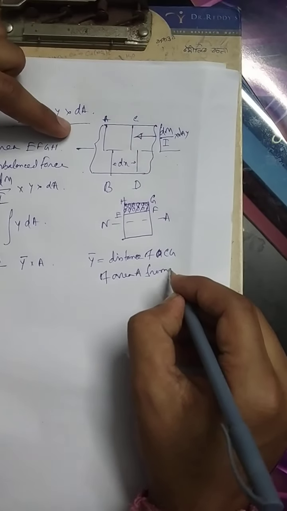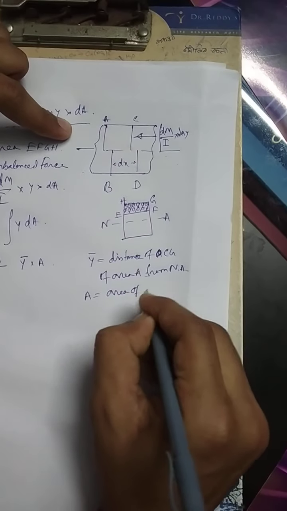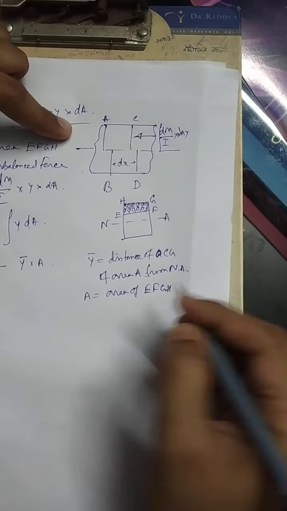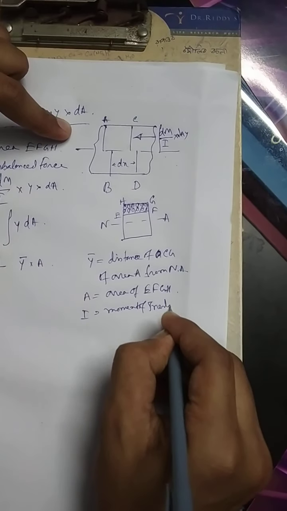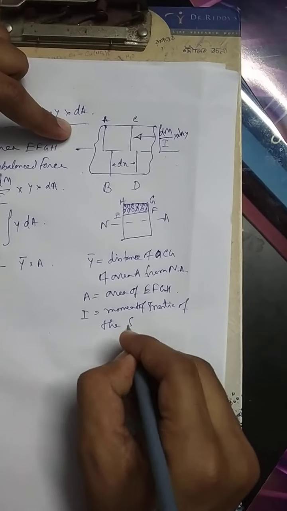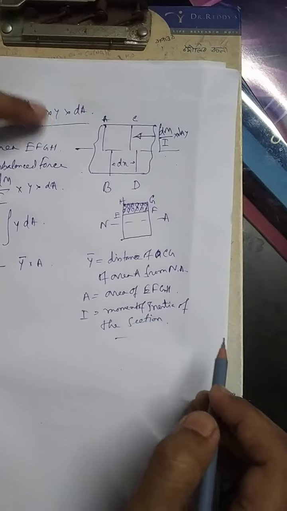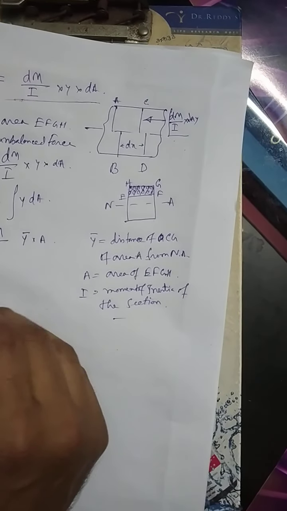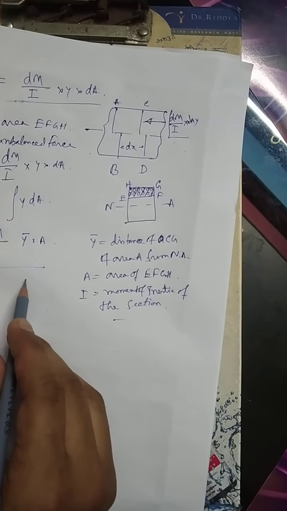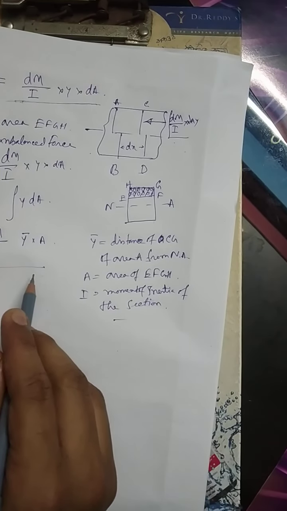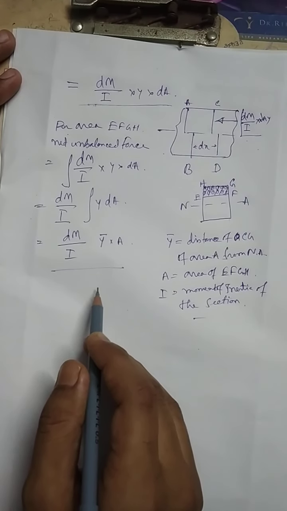from the neutral axis, and A is the area of EFGH, and I is the moment of inertia of the section, so the total area. Okay, so this is the net unbalanced force. Now this net unbalanced force is getting balanced by the shear force.